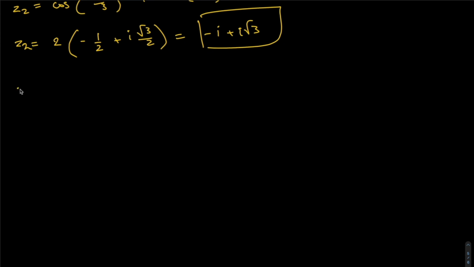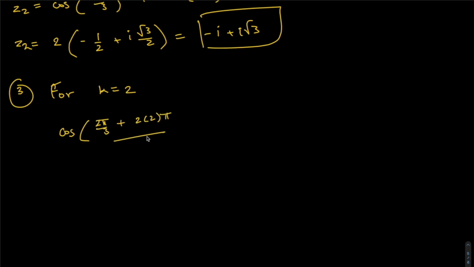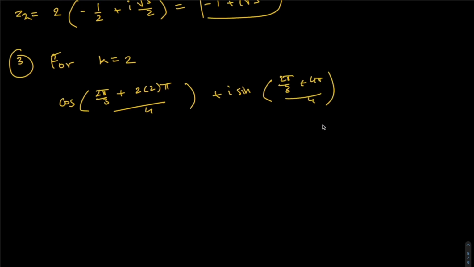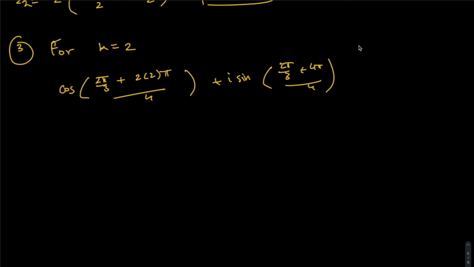Now my third root, right, for k is equal to 2. So I'll have, again, cosine of 2 pi by 3 plus 2 times 2 pi all upon 4 plus I sine 2 pi by 3 plus 4 pi upon 4. So 2 pi by 3 plus 4 pi, right?